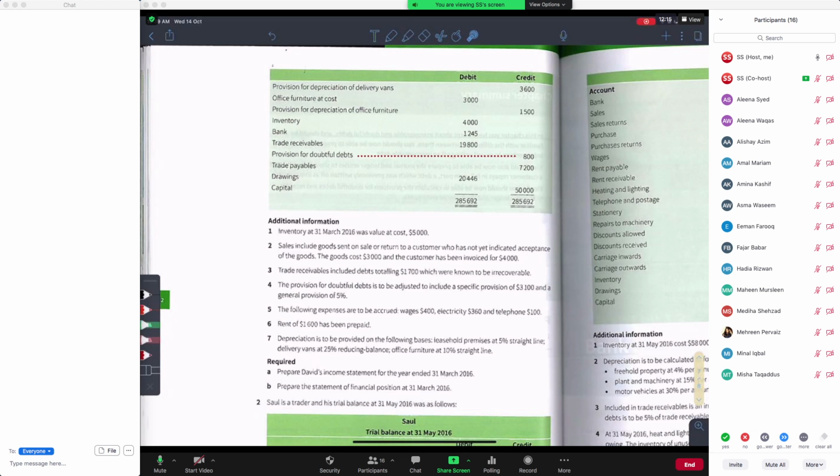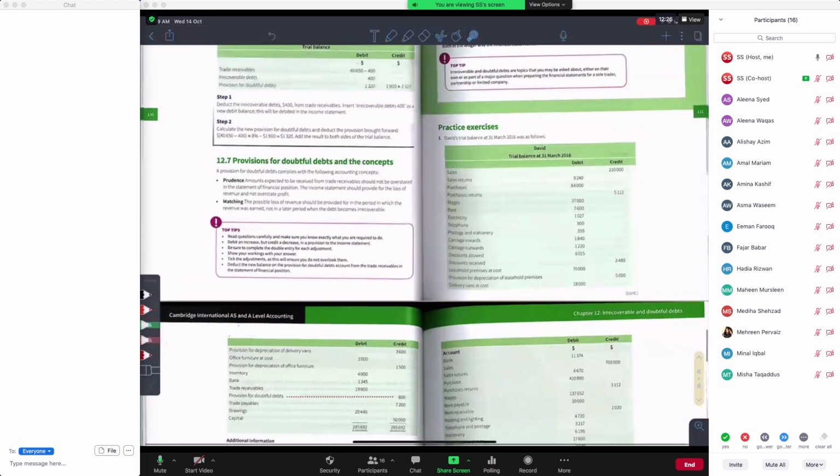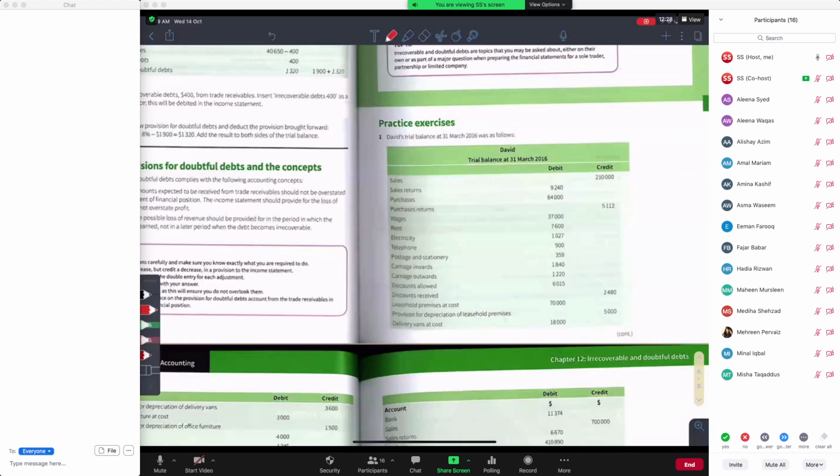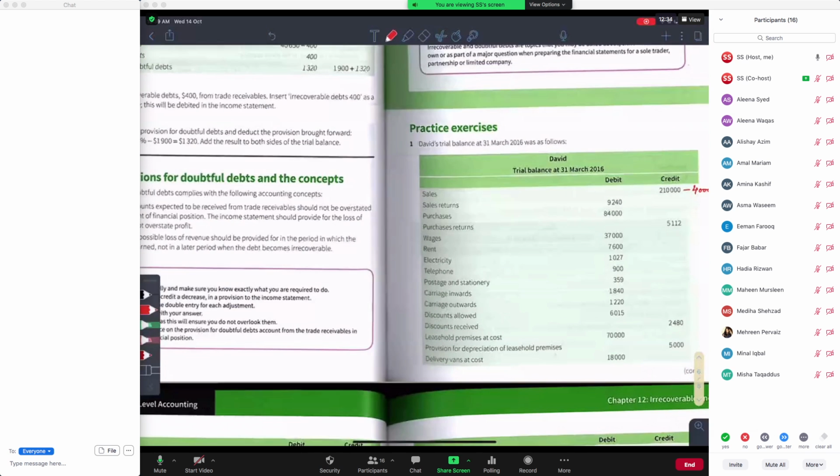However, we made an error, we made a mistake, we included them as our sales, right? So if you understand that the sales value given here in the question is wrong, and in fact it is overstated by $4,000, then please give me a green check.